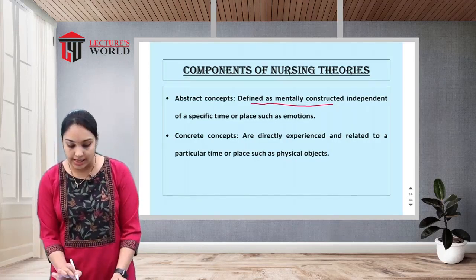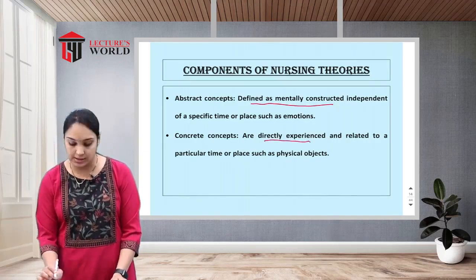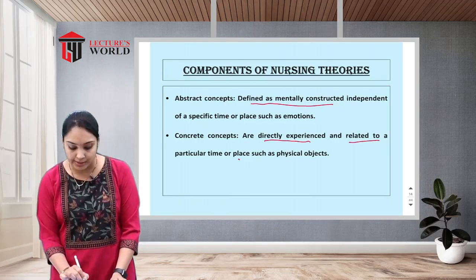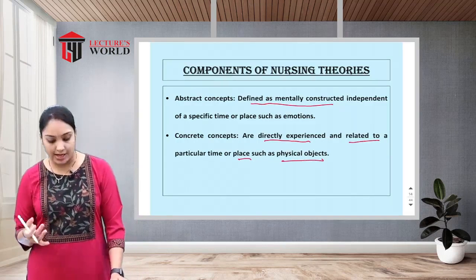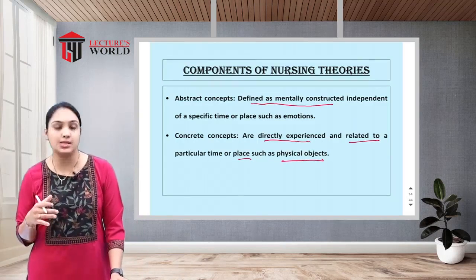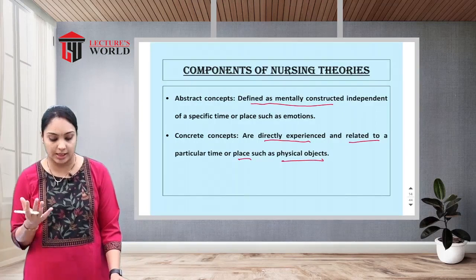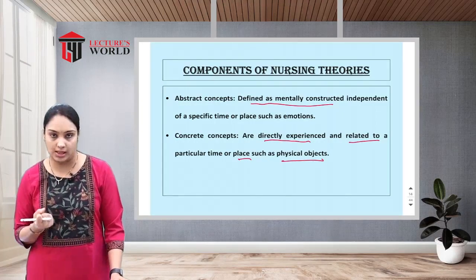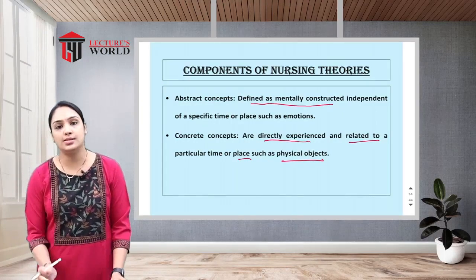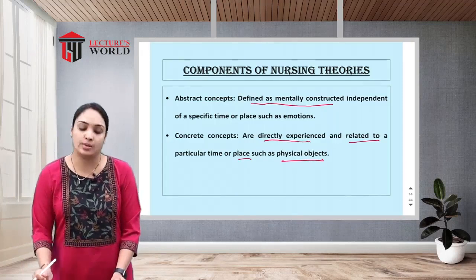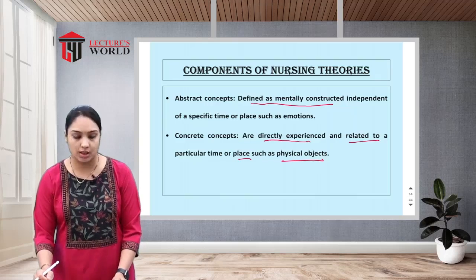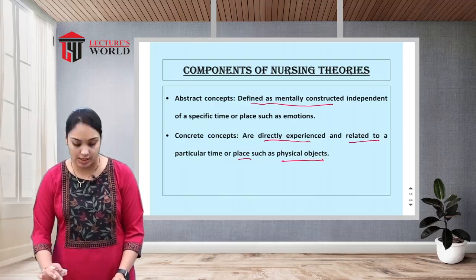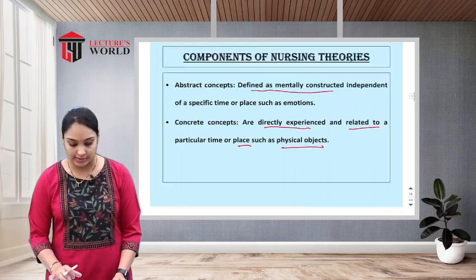Concrete concepts are directly experienced and related to a particular time and place, such as a physical object. Concrete concepts we directly experience, while abstract concepts are mentally constructed. So these are the two types of concepts present during the development of theory: abstract concepts and concrete concepts.